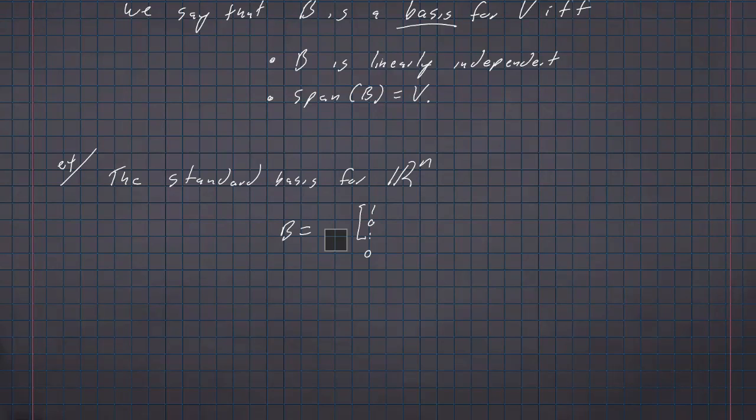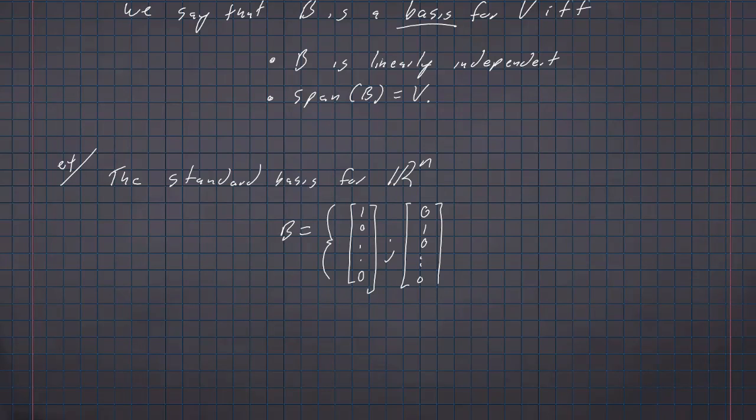It helps if I make these vectors tall enough. The standard basis for Rn is the set of the unit vectors, 1, 0, down to 0, 0, 1, down to 0, and then zeros all the way down to 1 at the end.